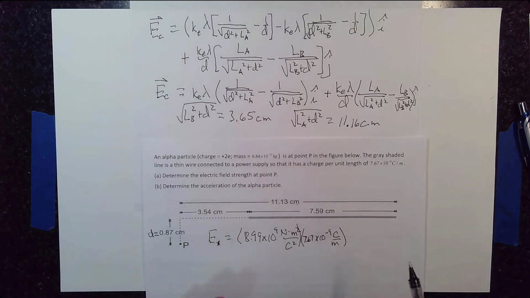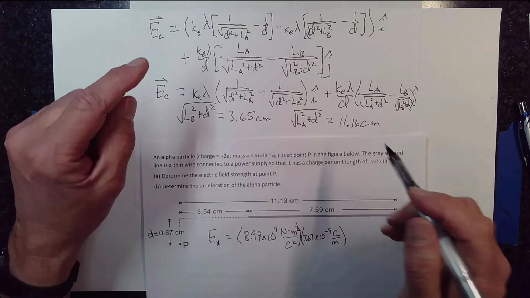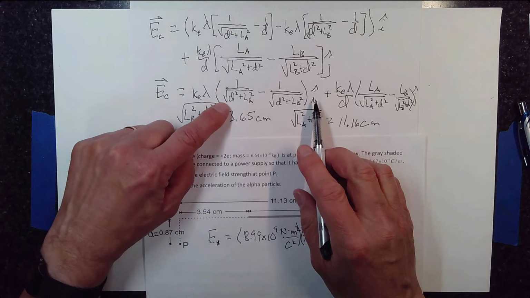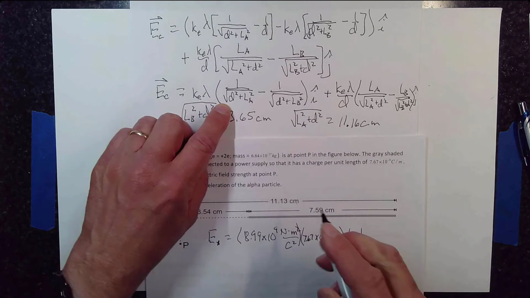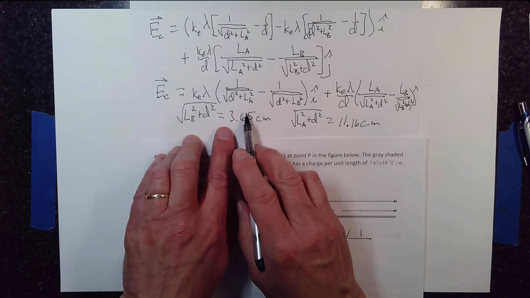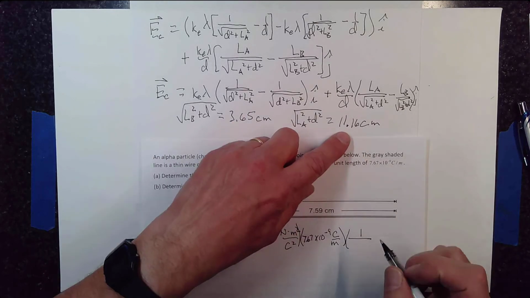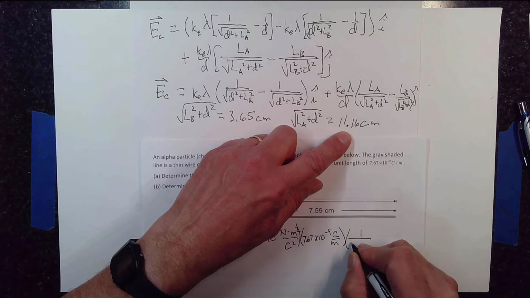And then I have to multiply by the geometric part on here, which is 1 divided by the square root of d squared plus L sub a squared, which was 11.16 centimeters.